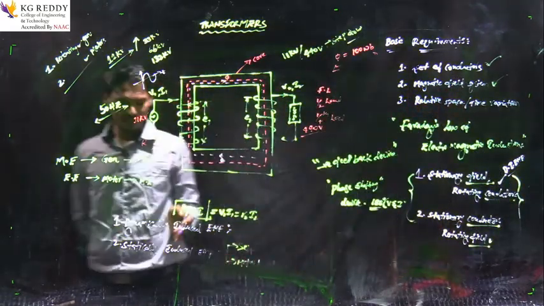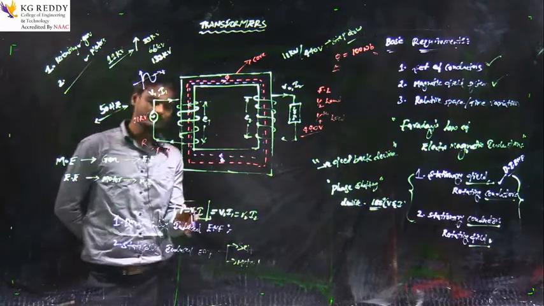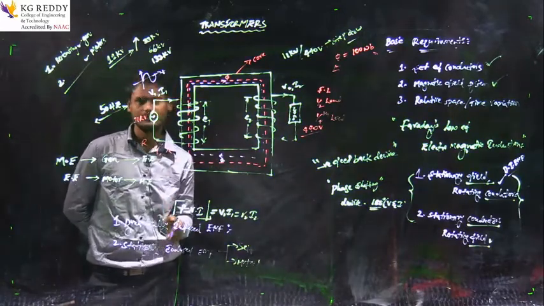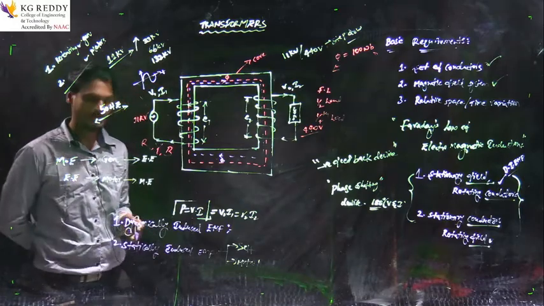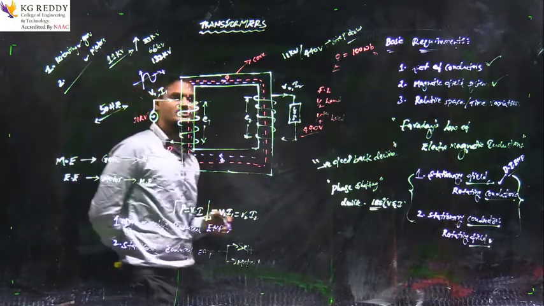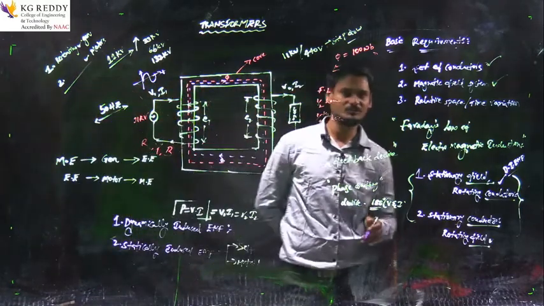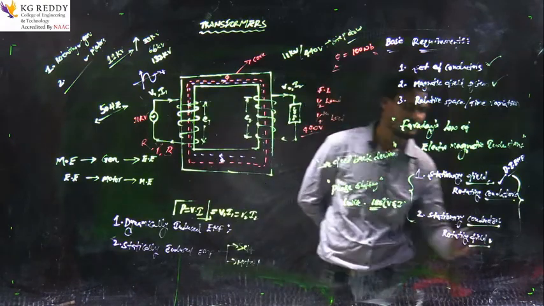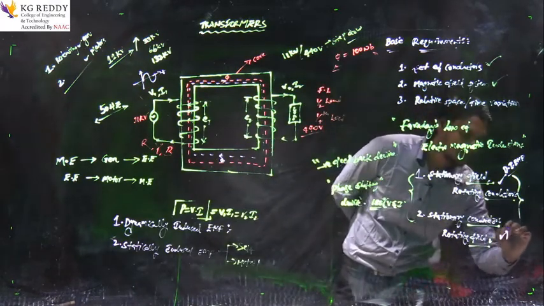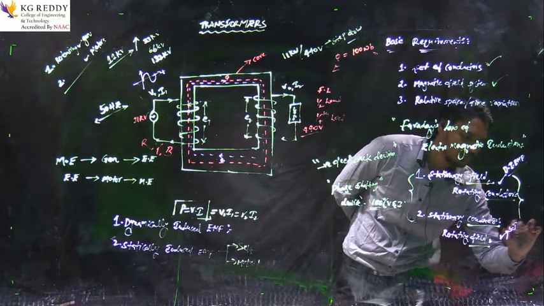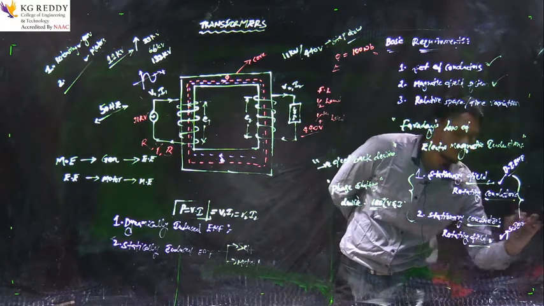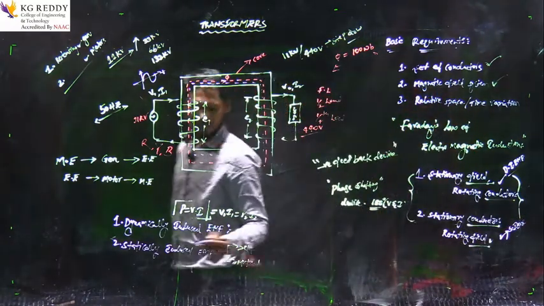Whereas in case of statically induced EMF, the EMF is induced in the conductors where the field is rotating and conductors are stationary. So here statically induced EMF. And the remaining, the self and mutual.